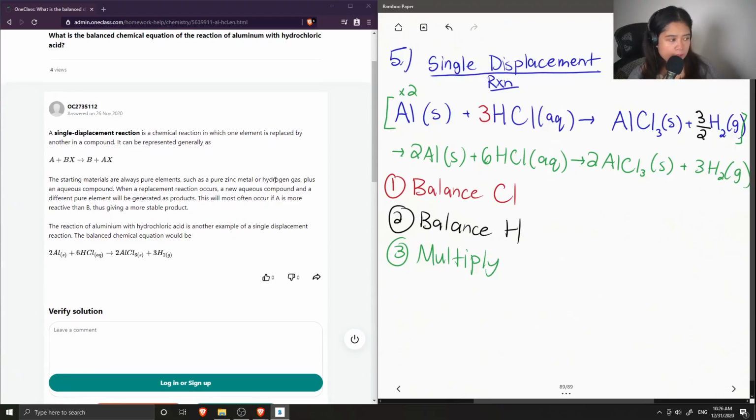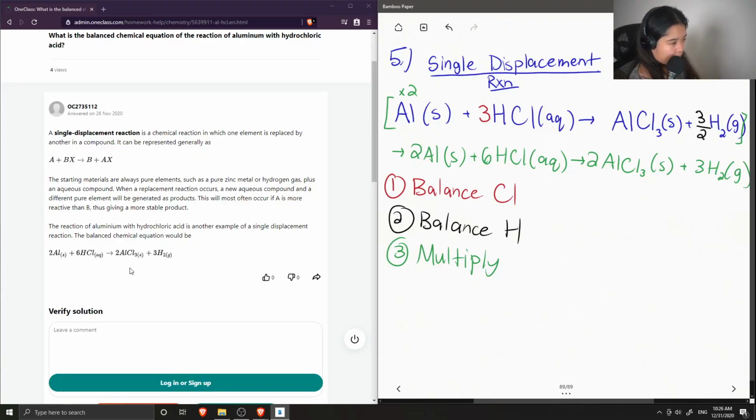Okay, so the junior tutor said that a single displacement reaction is a chemical reaction in which one element is replaced by another in a compound. It can be represented generally as A plus BX produces B plus AX.